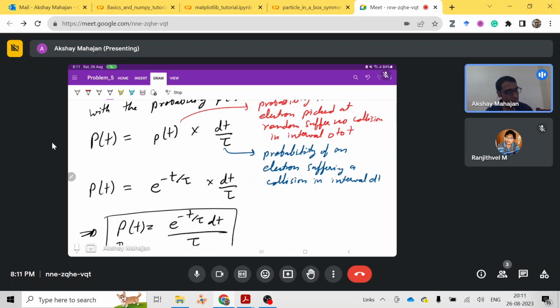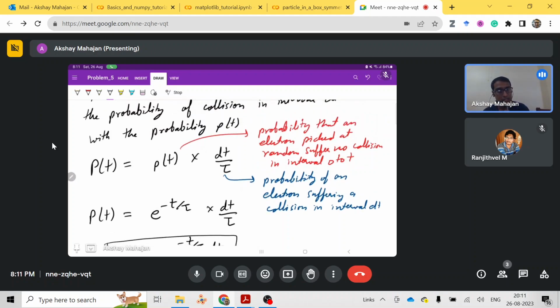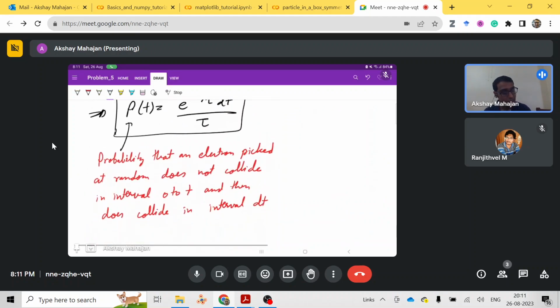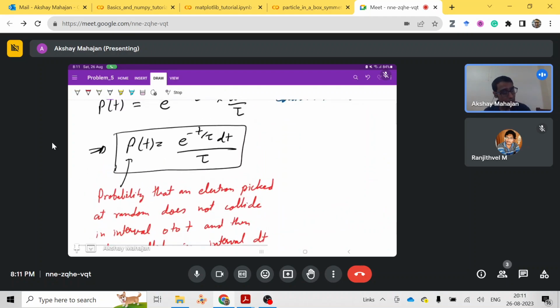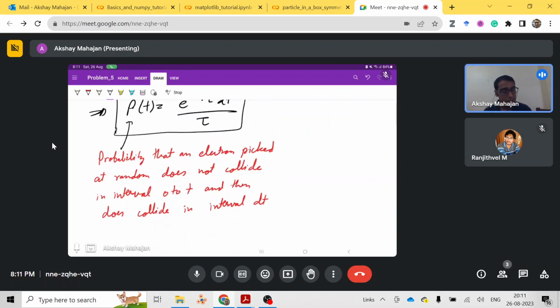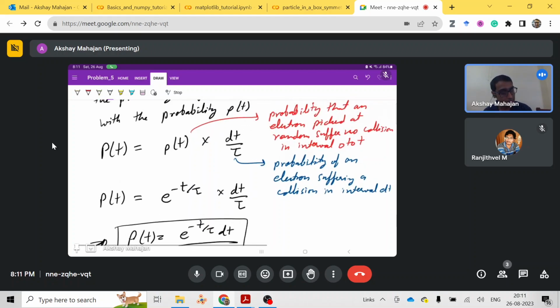So by multiplying the probability that there is no collision from 0 to t and then there is a collision in dt, we get the probability that an electron picked at random will not collide in interval 0 to t, and then does collide in interval dt. We just have to multiply the two probabilities.